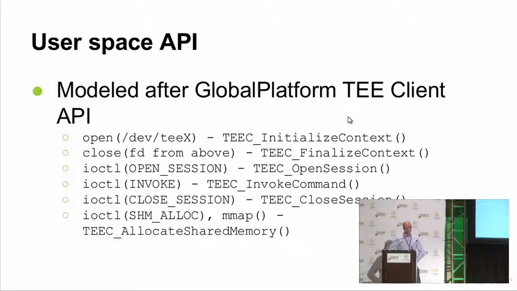When we open the device, it's like initialize context in GlobalPlatform speak. And when we close that file descriptor, it's like a finalize context. And then we have open session, invoke command, close session, and so on. Shared memory is mapped as usual by mmap, and it corresponds to allocate shared memory in GlobalPlatform speak.